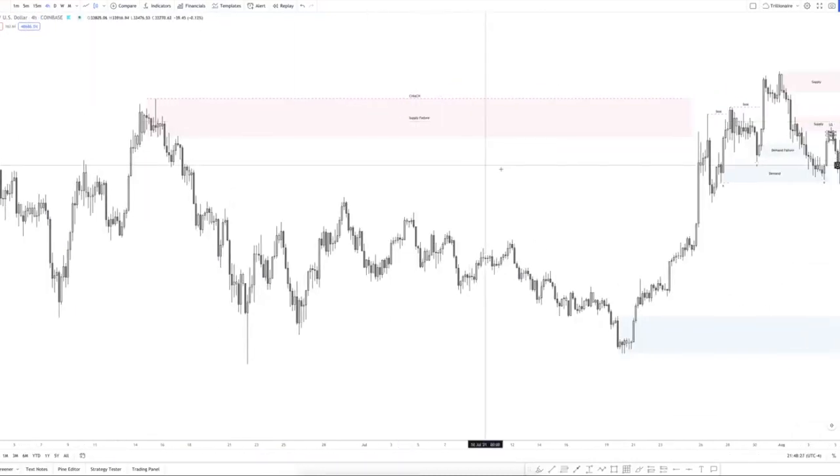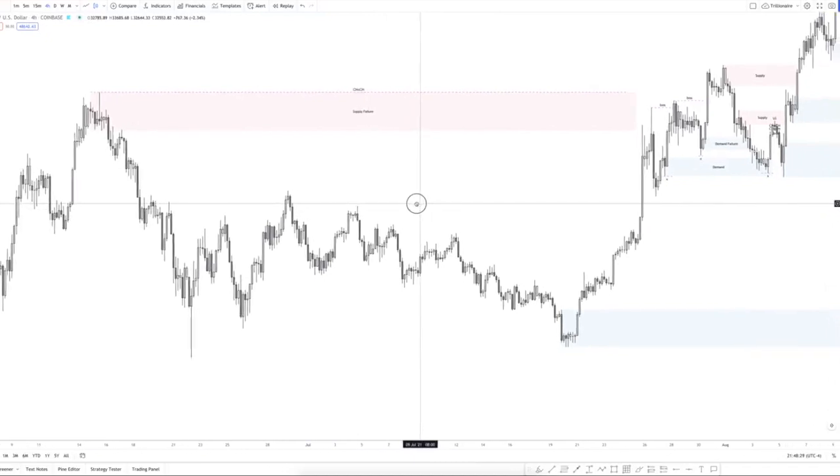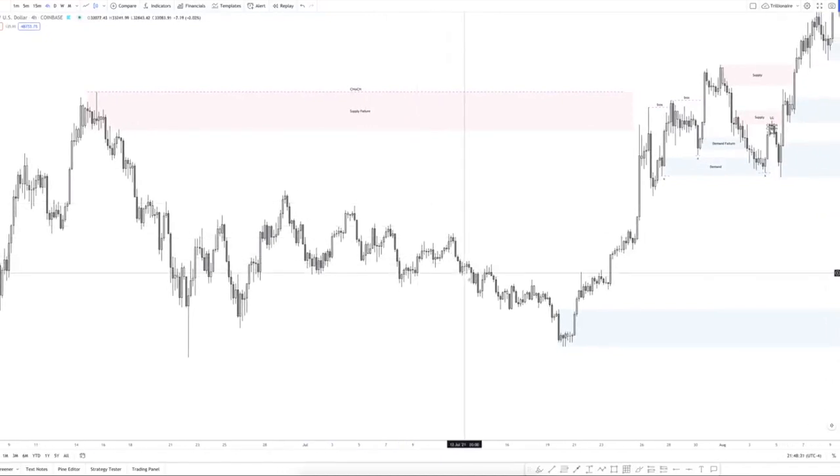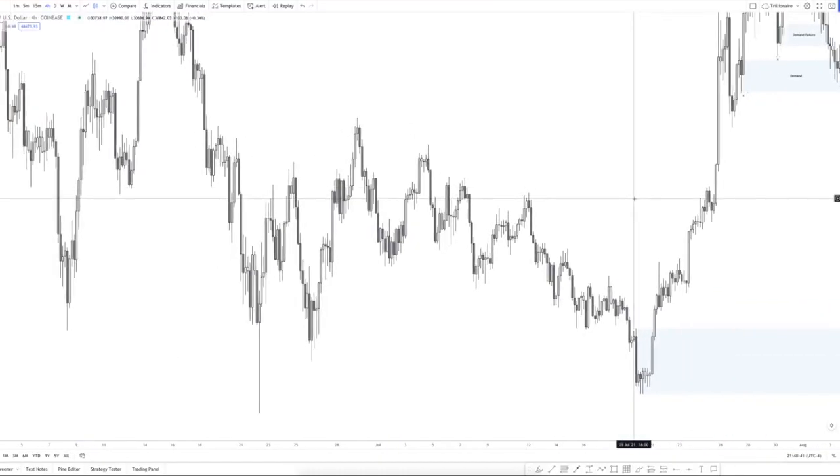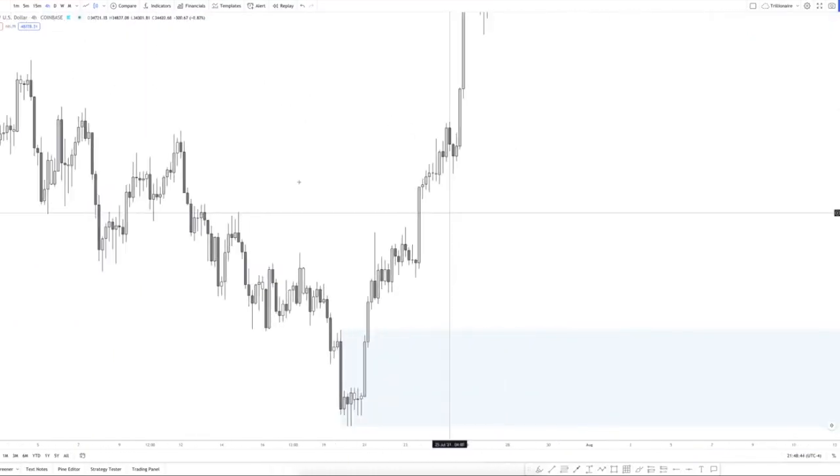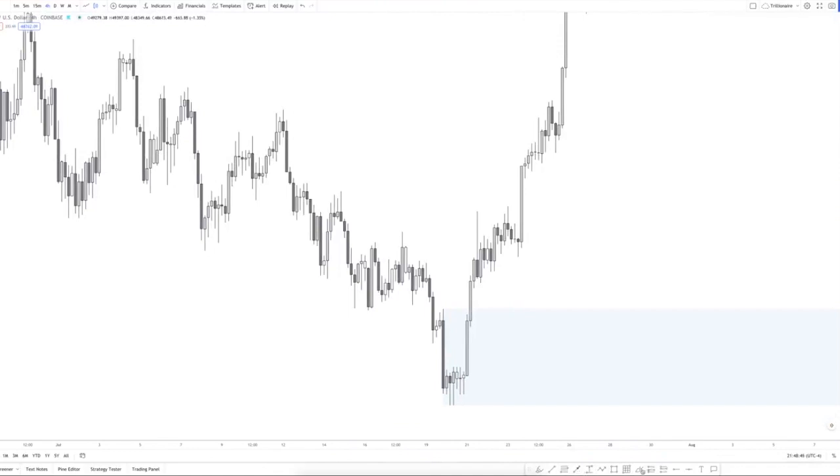I mean, we don't even have to go back that far. Let's try to find one within this area here. Okay, here we go. Perfect. So I'm going to mark this up really quickly. But it's basically the same concepts over and over.